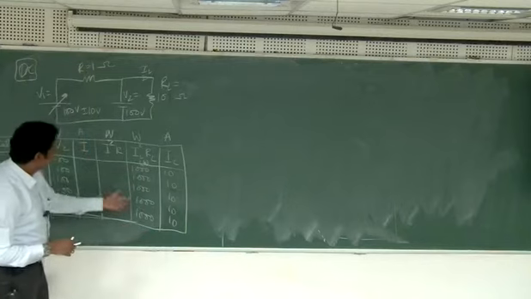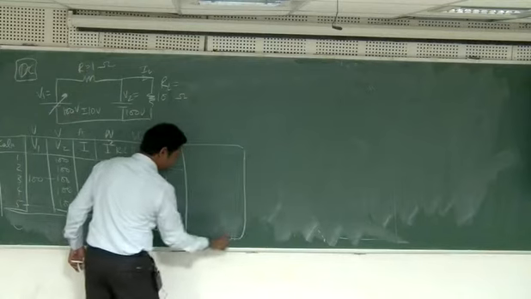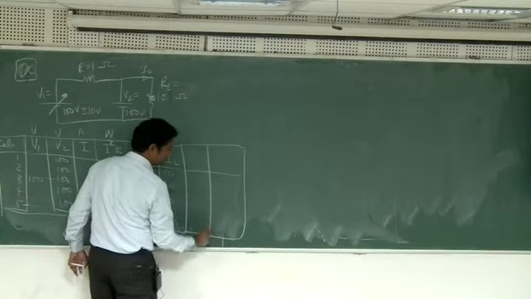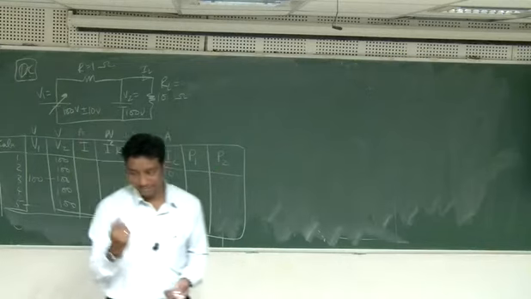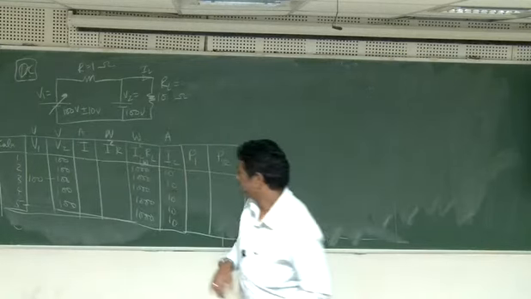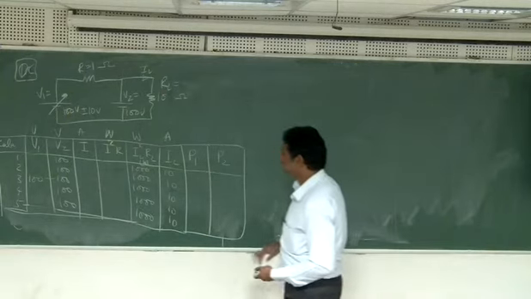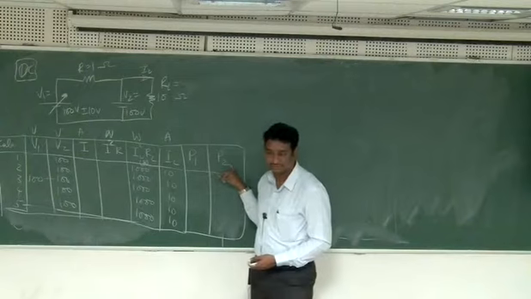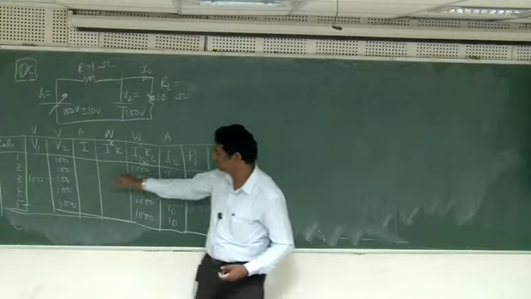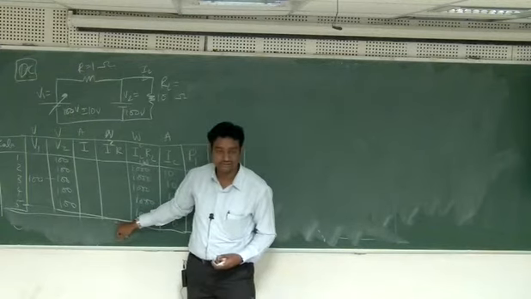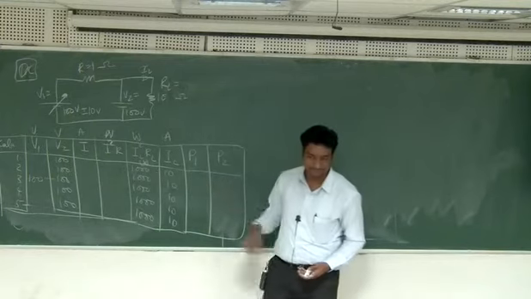Now I will define two more quantities, P1 and P2. P1 is the power supplied by source 1, and P2 is the power supplied by source 2. What you will notice is P1 plus P2 is not only equal to this 1000, but 1000 plus the losses. Some losses are also there. So P1 plus P2 is 1000 plus losses.